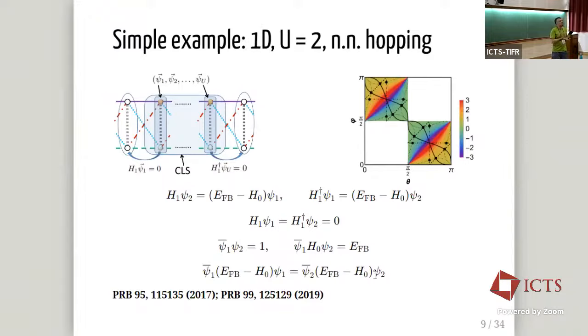And one important result we discovered is that despite being fine-tuned, flatbands actually organize themselves into manifolds. And in particular, in this case, you have a whole set of two disjoint manifolds parameterized by two angle parameters, where you can change these angles and maintain the flatness of the band.